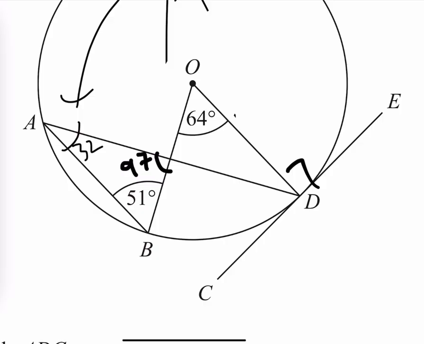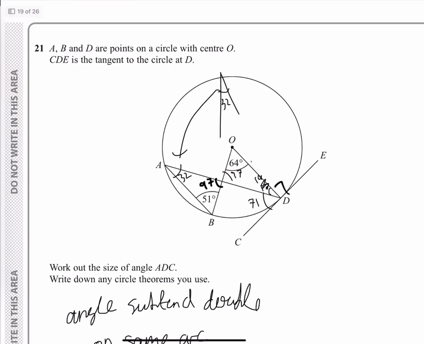So this is also 97. Which would then give me, this is 17, I think. Hopefully, nope, not 17. It's 3 plus the 16, which is 19, in fact. Which would give this as 71. ADC? Yep, 71.